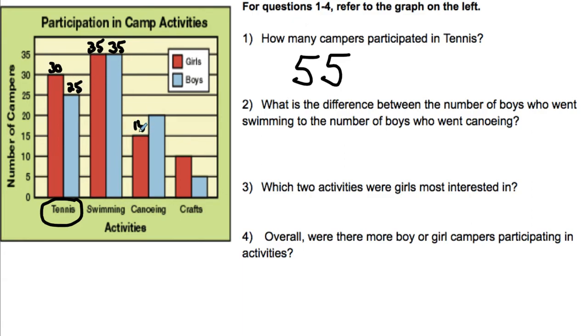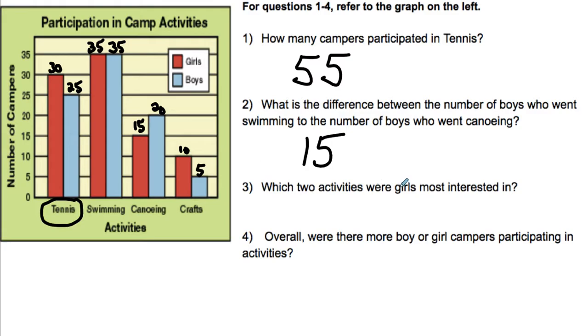I just think that's going to make my life a little easier. All right, 10 and 5. Okay, good little sidebar there. Difference between boys who went swimming to canoeing. All right, swimming, canoeing here. Boys are blue, 35, 20. That's a difference of 15.